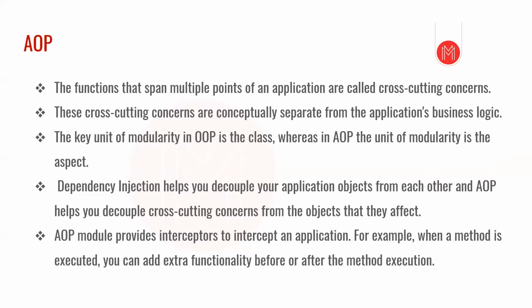The key unit of modularity in OOP is the class, whereas in AOP, the unit of modularity is the aspect. Dependency injection helps you decouple your application objects from each other, and AOP helps you decouple cross-cutting concerns from the objects that they affect.